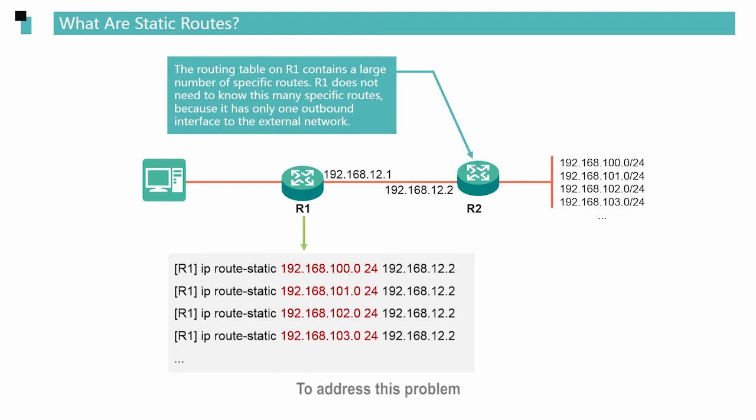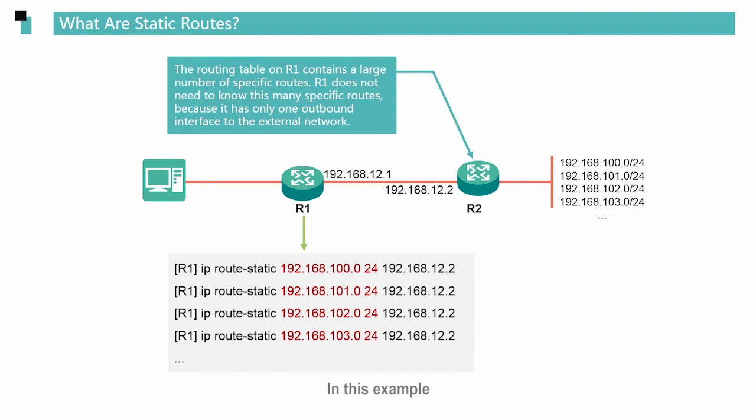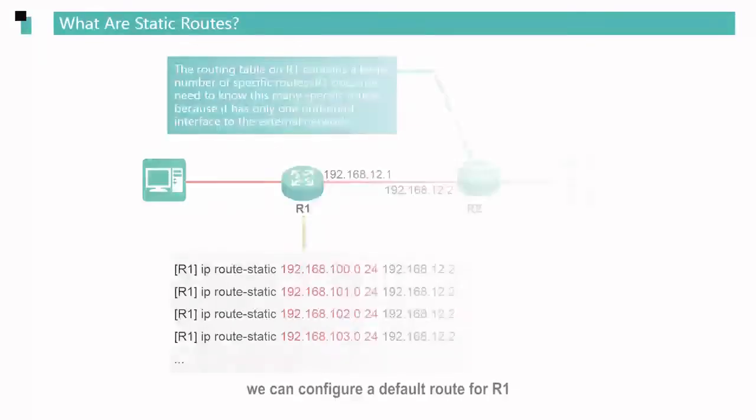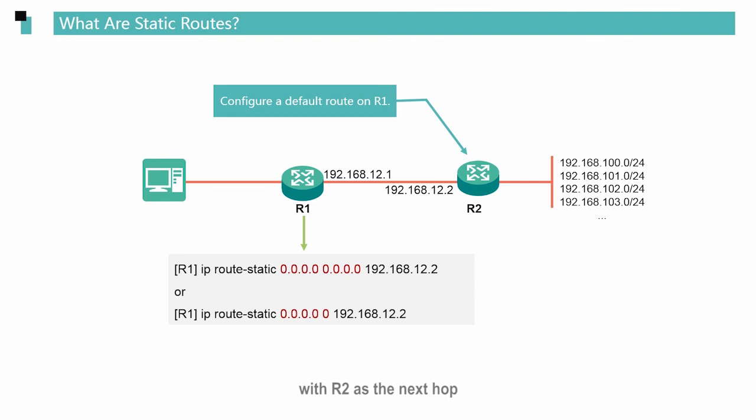To address this problem, we need to streamline the routing table as much as possible without interrupting communication. In this example, R1 does not need so many specific routes, since it has only one outbound interface. In this case, we can configure a default route for R1 with R2 as the next hop.